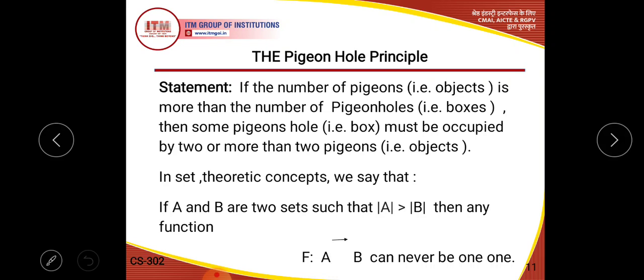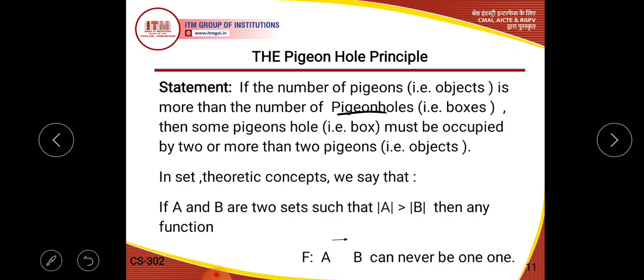The statement says that if the number of pigeons, we can say objects, is more than the number of pigeonholes, that is boxes, then some pigeonhole, that is box, must be occupied by two or more than two pigeons, that is objects.